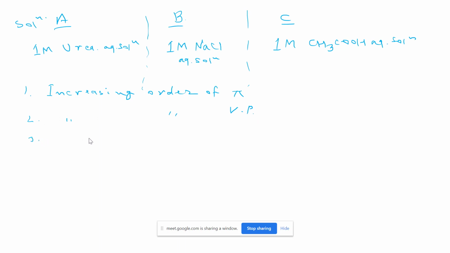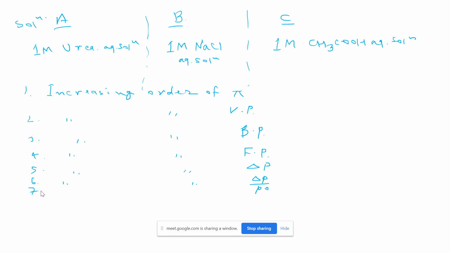Question number 3, increasing order of boiling point of solutions. Question number 4, increasing order of freezing point of solutions. Question number 5, increasing order of delta P, change in vapor pressure. Question number 6, increasing order of RLVP, delta P upon P naught.